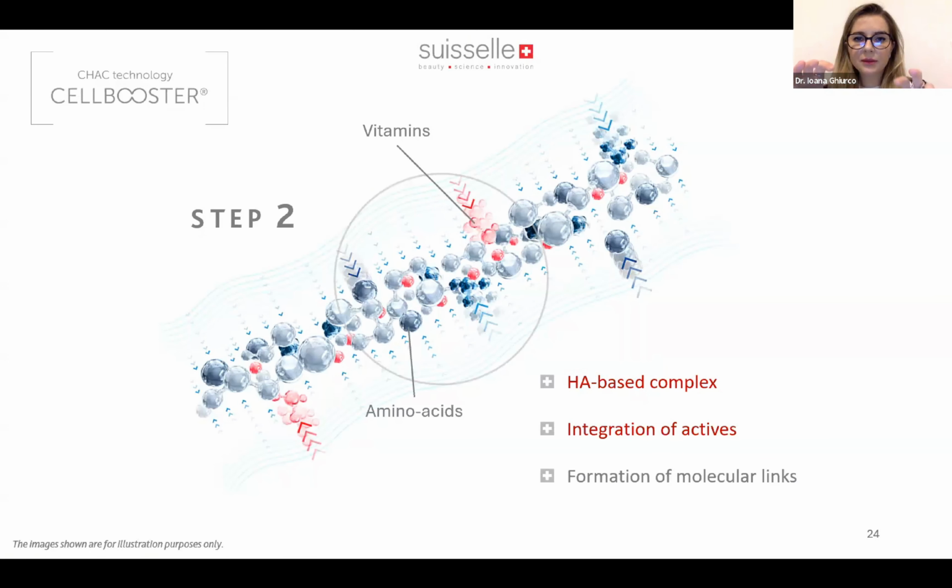This will permit the hyaluronic molecule to open up and to incorporate the active ingredient inside it.